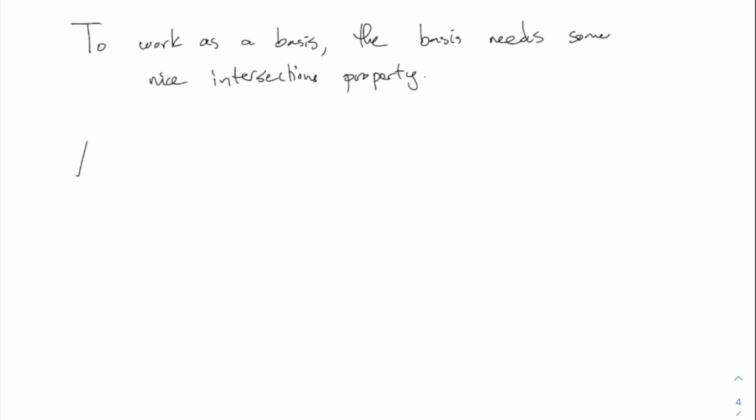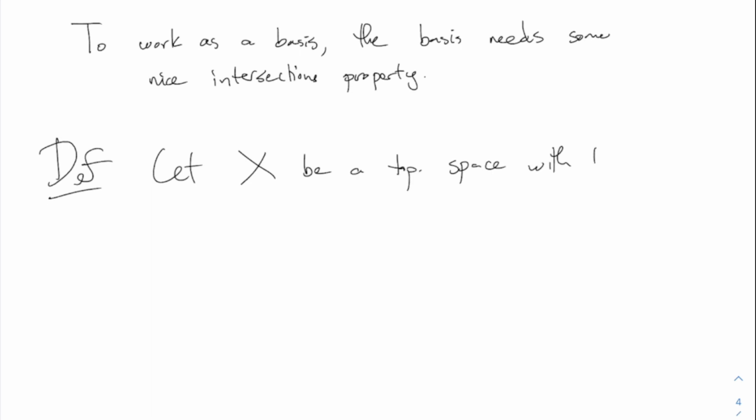But anyway, a basis, generally speaking, I'll write this as a real definition here. So I'll say let X be a topological space with topology T. All right, so T refers to all of the open sets.